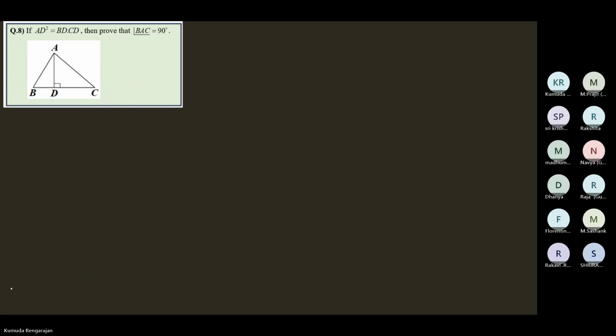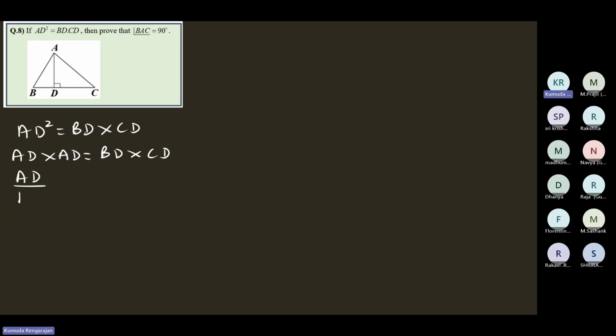So if AD square is equal to BD into CD, we are given that AD square is equal to BD into CD. That means AD into AD equals BD into CD. Now AD by BD, you can even bring CD down, is equal to CD by AD.